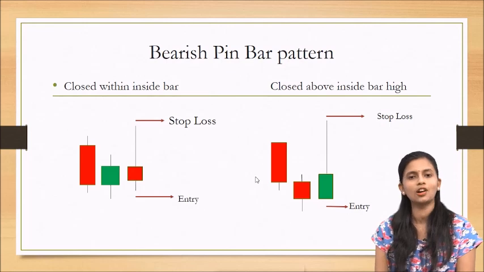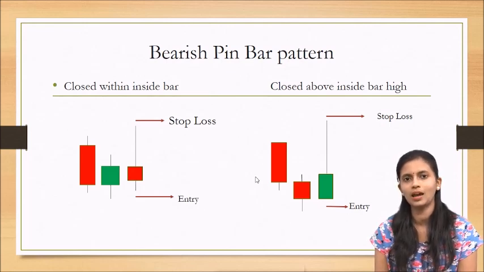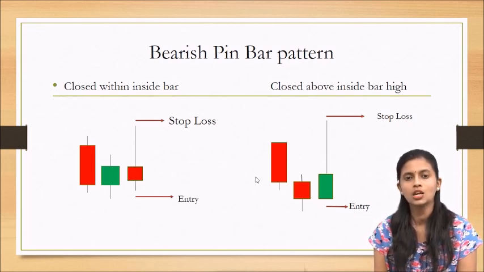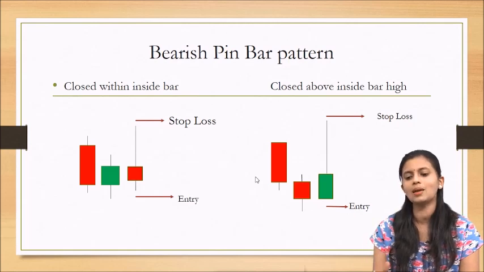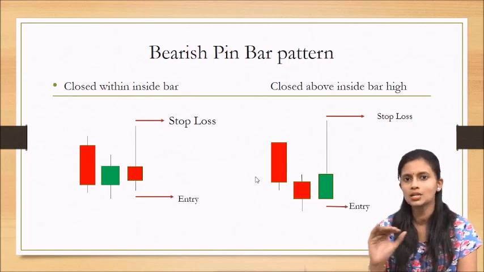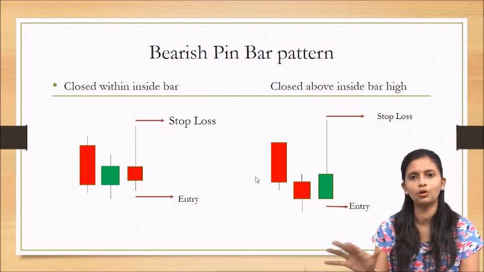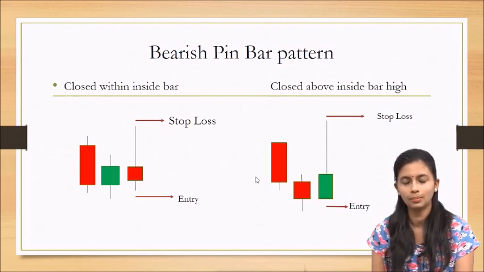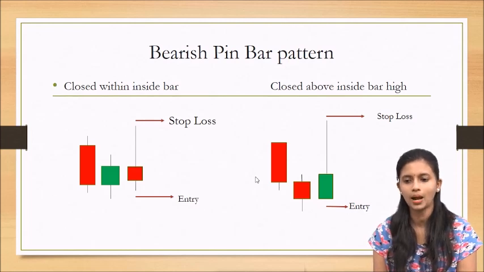So you can check out my YouTube video wherein I have described some strategies regarding pivot and camarilla and all these things. In these strategies, when you apply these indicators, you will get some support lines and some resistance lines. So these types of patterns usually form in such places, wherein the support line or horizontal line is formed. Other than that, in double top, double bottom patterns, you can find these patterns.